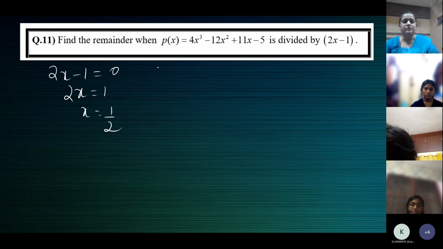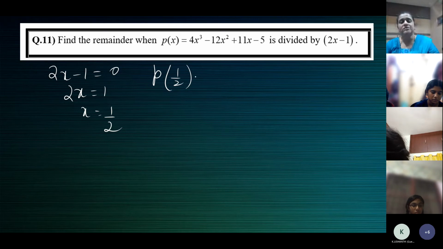So now find p of 1 by 2. Whatever is the value of p of x at x equal to 1 by 2 is the remainder when p of x is divided by 2x minus 1.